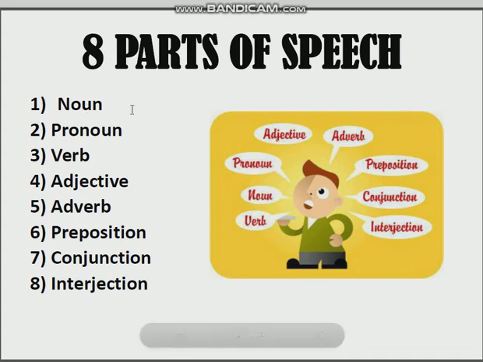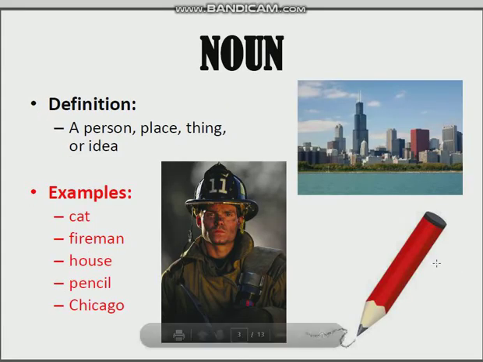The first one is noun, second pronoun, third verb, fourth adjective, fifth adverb, sixth preposition, seventh conjunction, eighth interjection, and the ninth one added is determiners. All these are called parts of speech, and they represent all the words in our books or wherever we study anything. Now let's talk about the first part, that is noun.